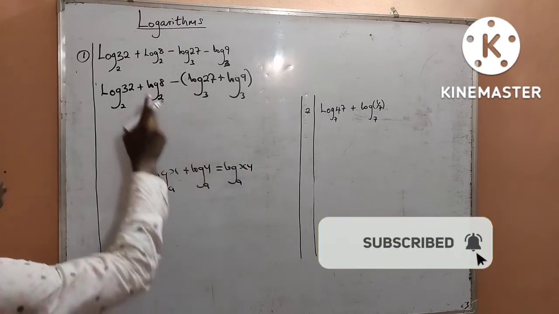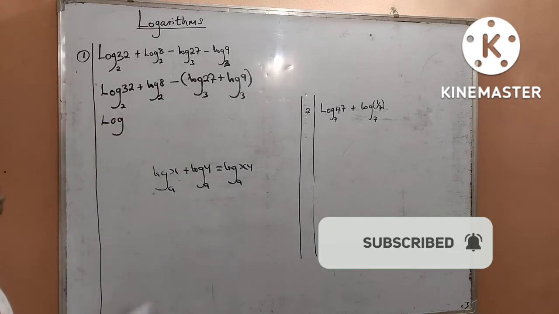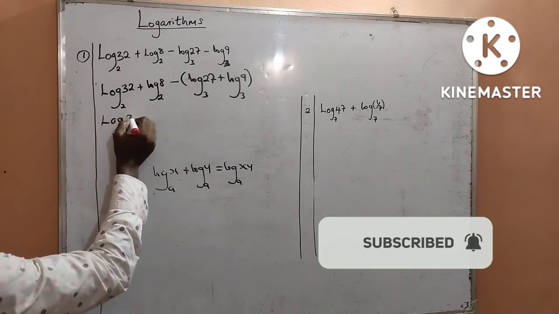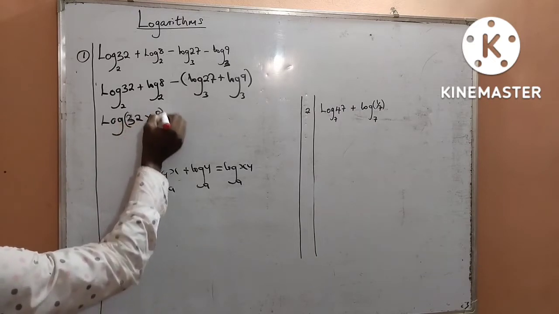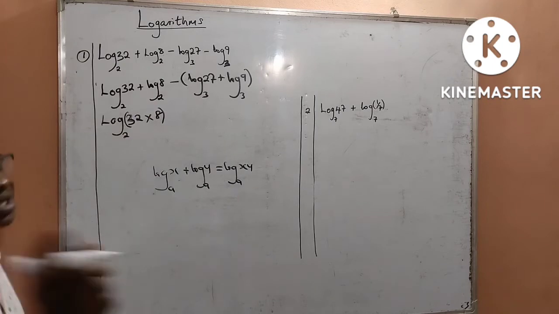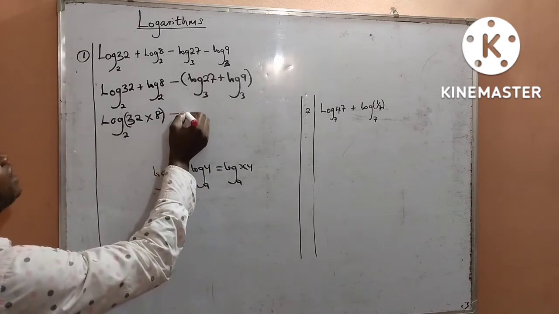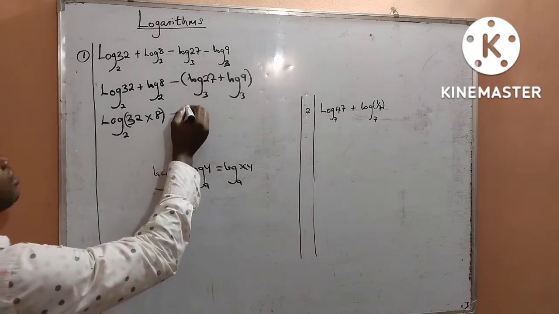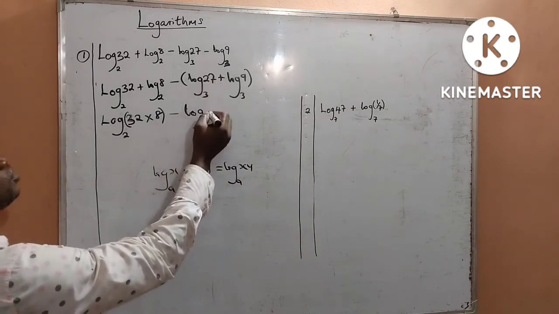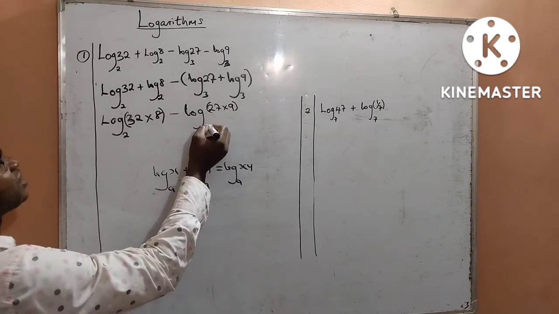So applying this law, I will have the log of 32 multiplied by 8, everything to base 2. The same addition law applies to the bracket, which will be written as the log of 27 multiplied by 9, all to base 3.